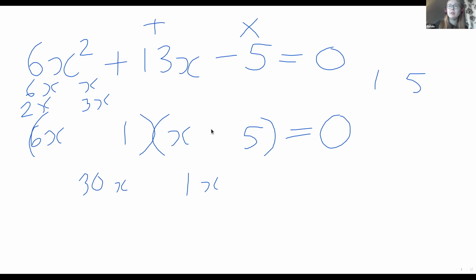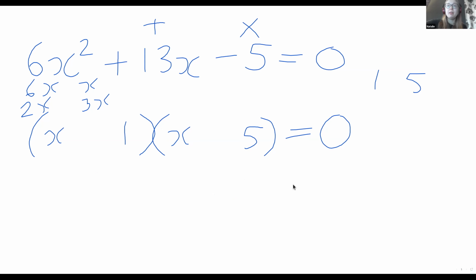If I put the 6 in front of this one, then I'm going to get 5x from the x times the 5 and 6x. Again, there's no way I can subtract those to make 13. I don't think it's going to be the 6x.